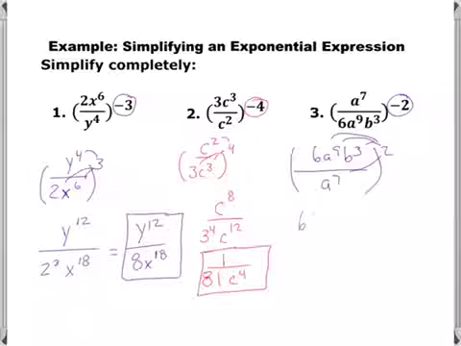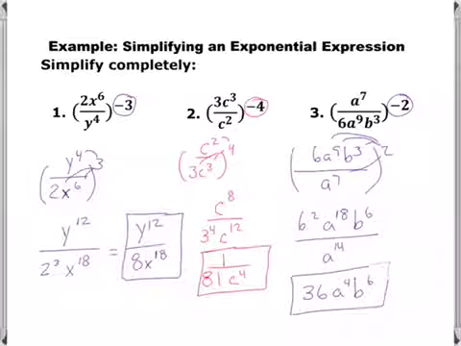So we've got 6 squared, 2 times 9 is 18, so a to the 18th. 3 times 2 is 6, so b to the 6th, over 7 times 2, which is a to the 14th here. And then we just need to simplify. Well, 6 squared is 36, 18 minus 14 is 4, so a to the 4th, and then b to the 6th. And this is your simplified form.